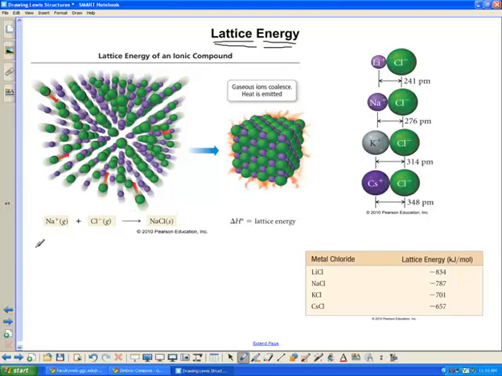You can actually take solid sodium, and you can see videos of this on YouTube. It's actually kind of a cool thing to see. Solid sodium metal, and you guys remember how reactive that is, what it does with water. React it with chlorine gas. You guys also know chlorine gas is not nice.